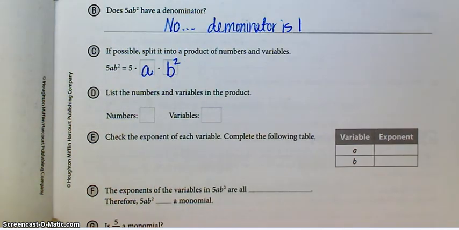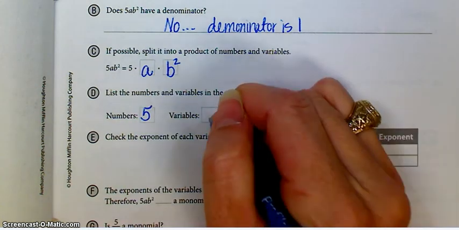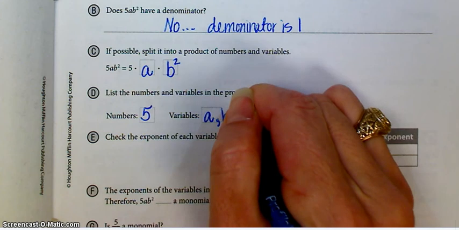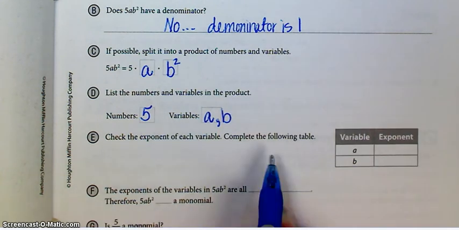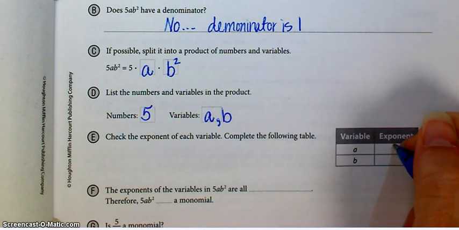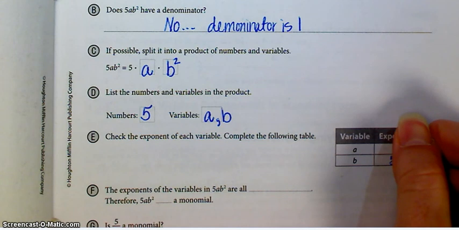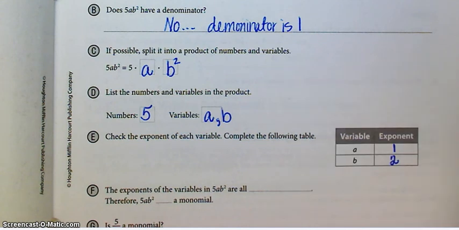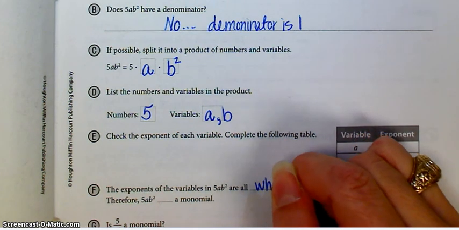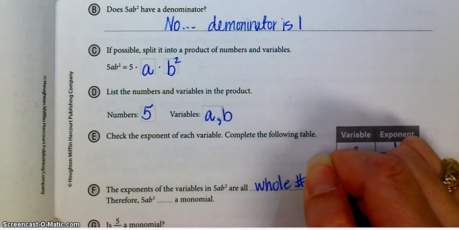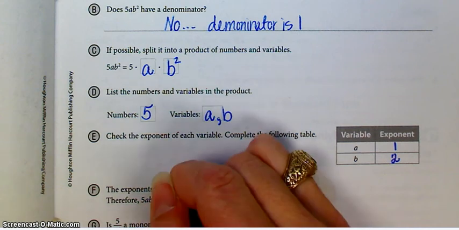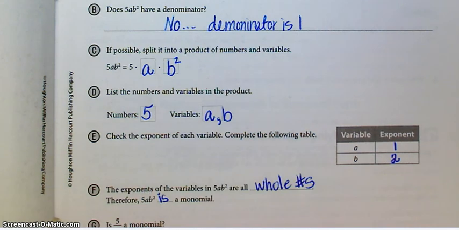List the numbers and the variables. The numbers that we have in that term are 5. The variables that we have are a and b. Check the exponent of each variable. The exponent on a is 1, and we usually don't write exponents of 1, which is why you don't see it over here. And the exponent on b is 2. So the exponents of the variables in 5ab squared are all whole numbers. Therefore, 5ab squared is a monomial.